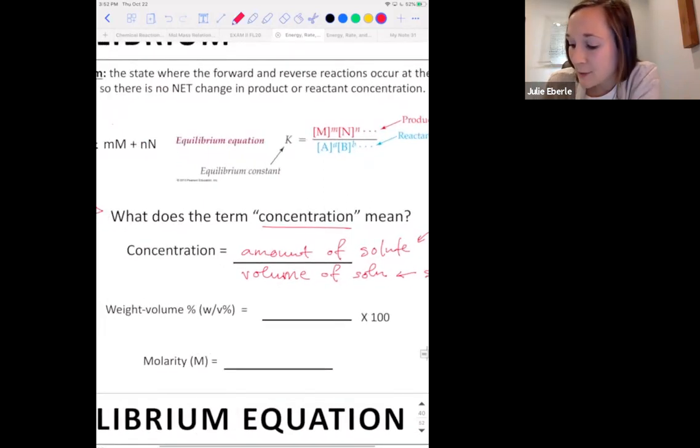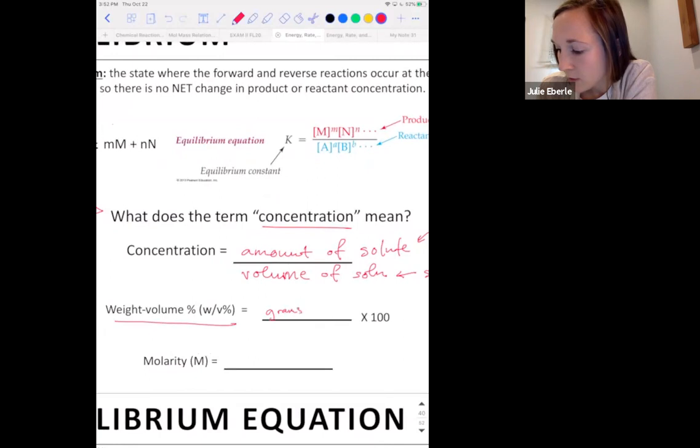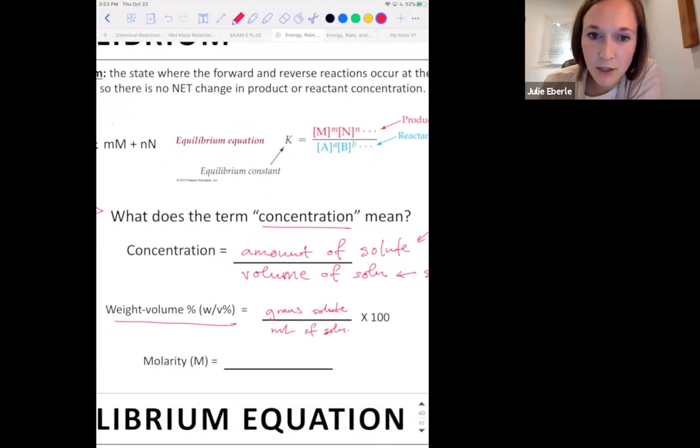Okay, one way is weight volume percent. What that is, it's the grams of solute, because gram is an amount, per milliliter of solution. And you multiply it by 100 to turn it into a percent. You can also use something called molarity. And this is what we're going to use when we talk about equilibrium.